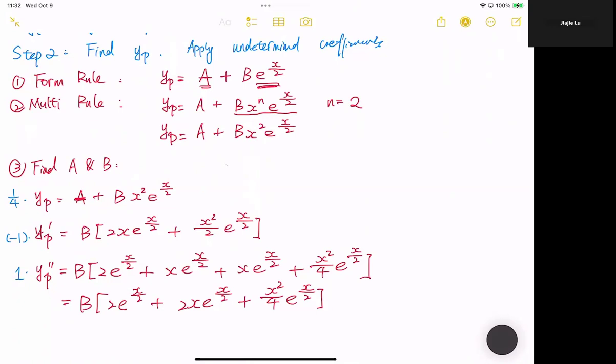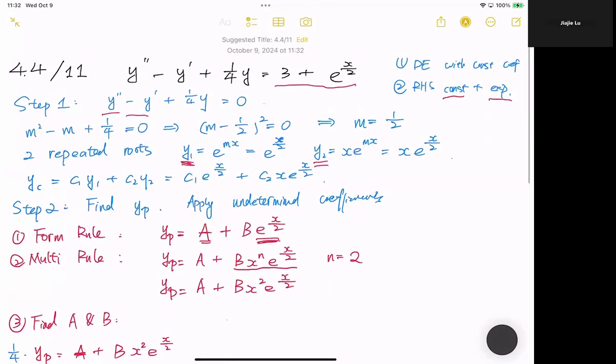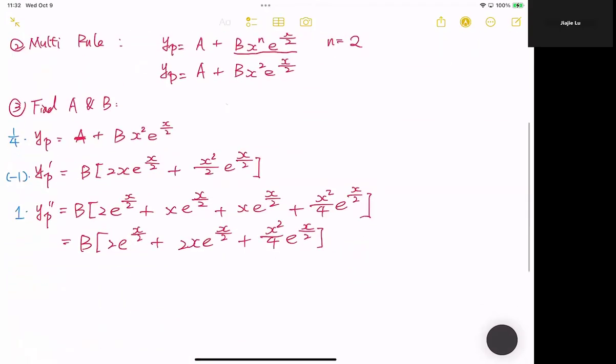Okay? And next, we need to compare the coefficient on the right-hand side and left-hand side. On our right-hand side, we only have two terms, a constant term and an exponential term. So here, we first need to find the coefficients of constant term on left-hand side, and then compare it with the constant term on the right-hand side.